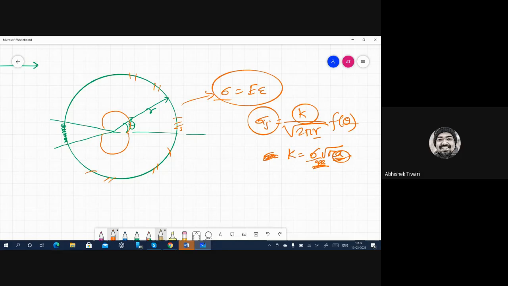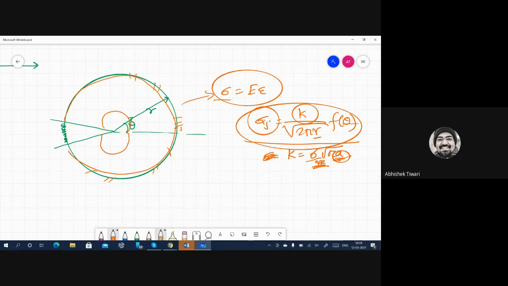So my aim is to ensure that this equation is being followed at the boundary. How do I ensure it? I will apply the displacement in such a way that it will always follow this equation. This is what I want to do.